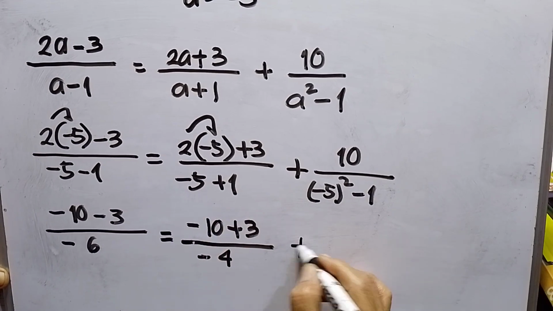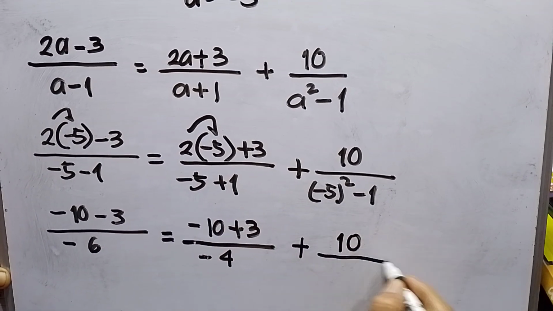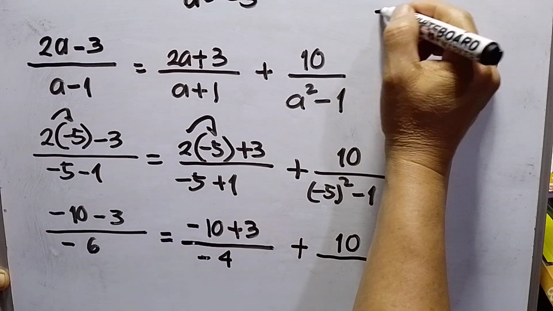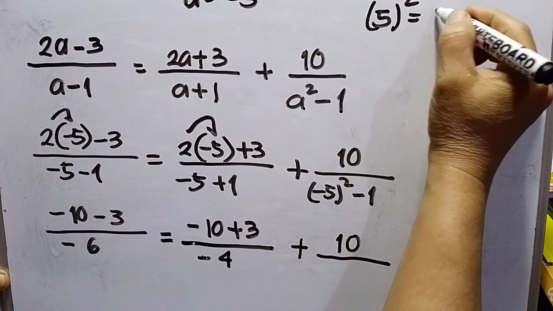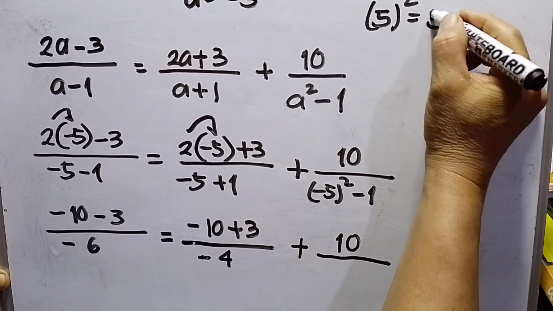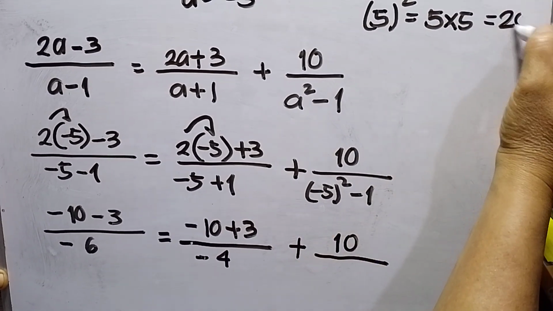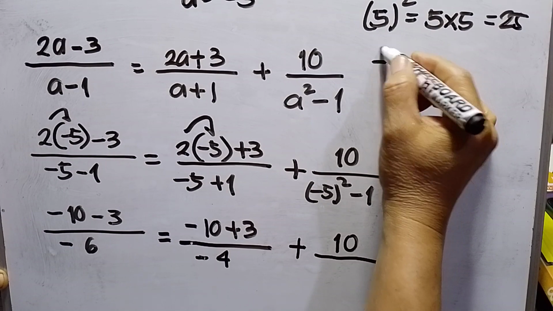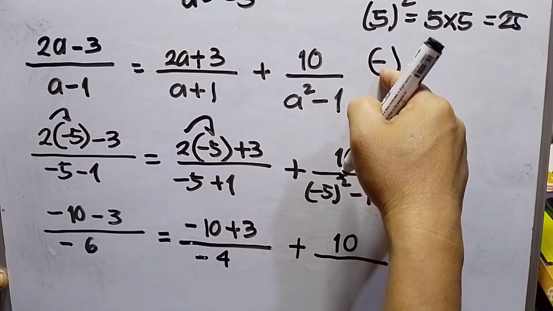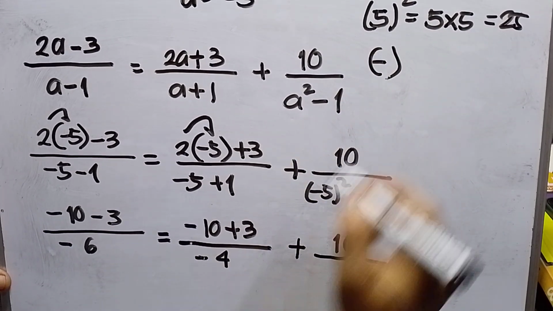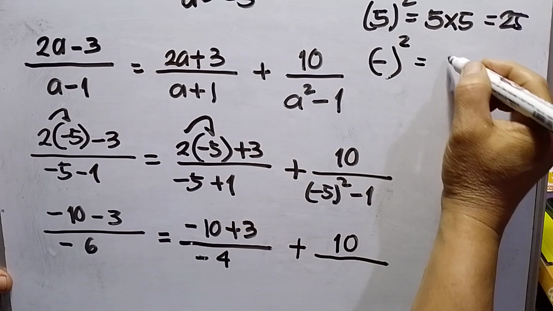And then this will be plus 10 over 5 squared. So meaning, multiply itself 2 times. So 5 times 5 is 25. And then, since the negative sign is inside the round brackets, and the exponent is even, this will be positive.